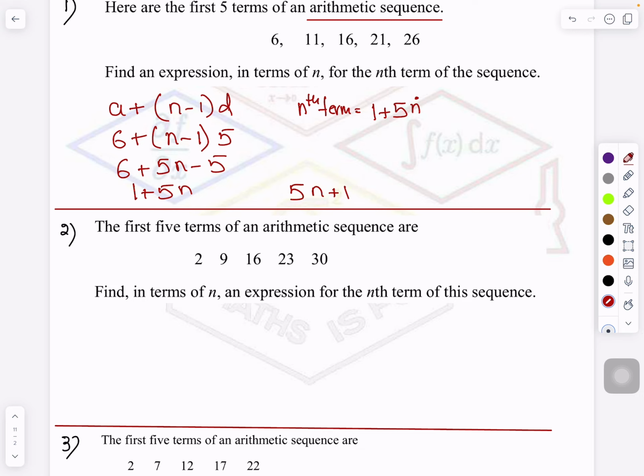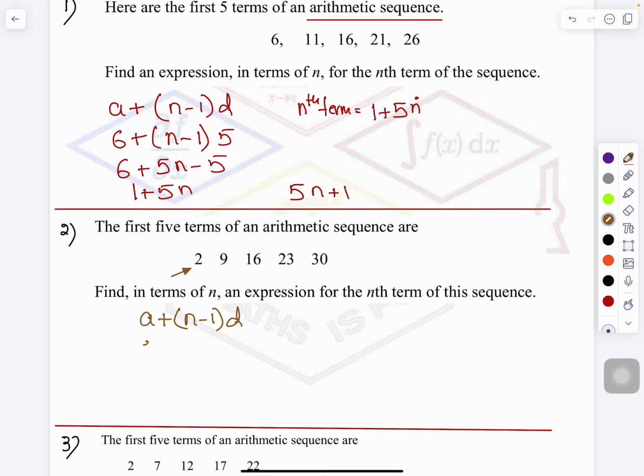So this is question number 2. You have to find the nth term of this sequence. I'm giving you a few seconds to think about it. Meanwhile, I'm writing the general formula again, which will help me get the nth term. Work with me. a is the first term of the sequence.